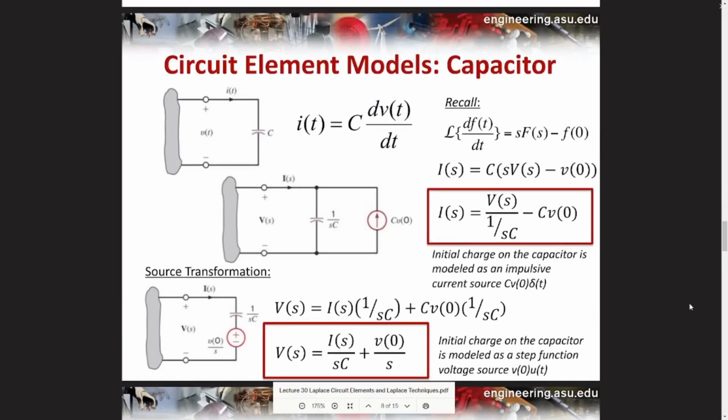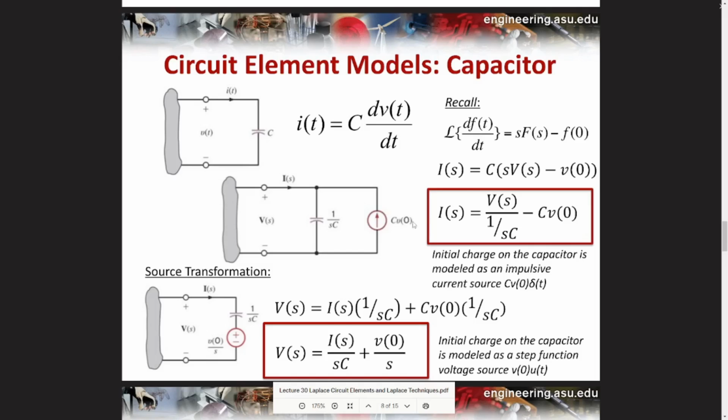So for a capacitor, if we label V of t and I of t, then there is an initial capacitor voltage, V of 0, that exists on this capacitor. So at time 0, when the transient move occurs, we know the voltage on the capacitor.